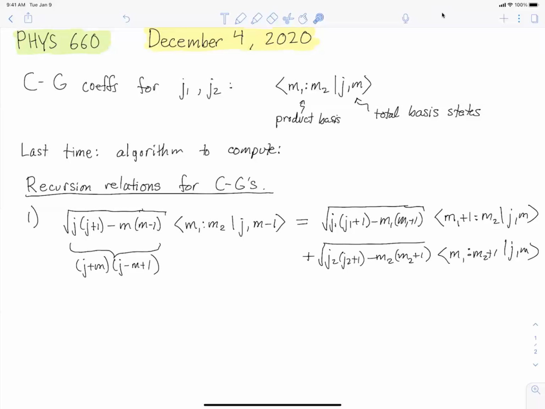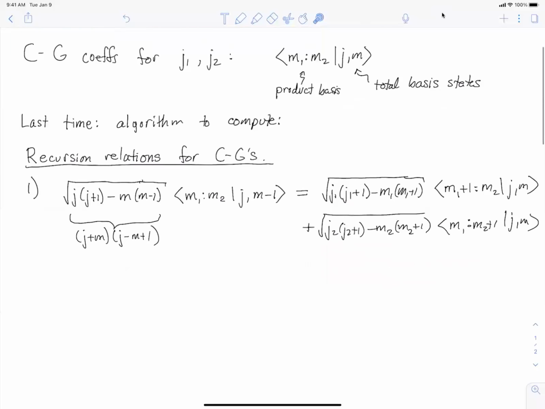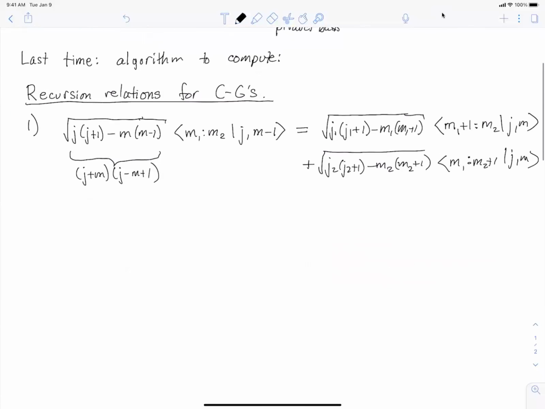You could do the same thing to rewrite the other square roots by factoring. In any case, this one comes from acting with the operator J minus for the total angular momentum state, which is J1 minus plus J2 minus.